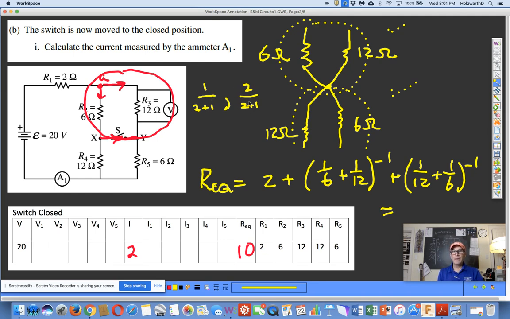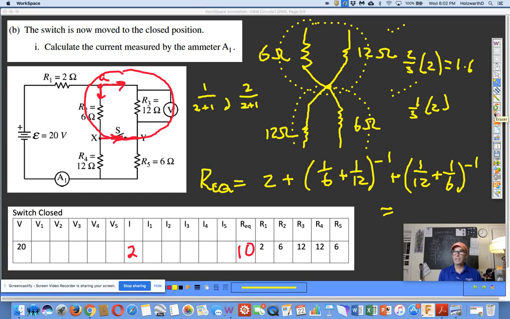So 2/3 and 1/3 will be the proportion of the 2 amps that flows through that branch. So here's the question. What is 2/3 of 2 and 1/3 of 2? This is the current that's going to split at junction A. So 4/3, last time I checked, was 1.67.